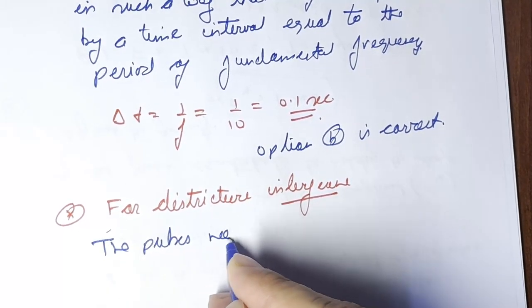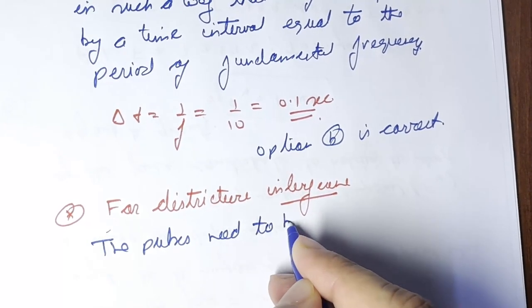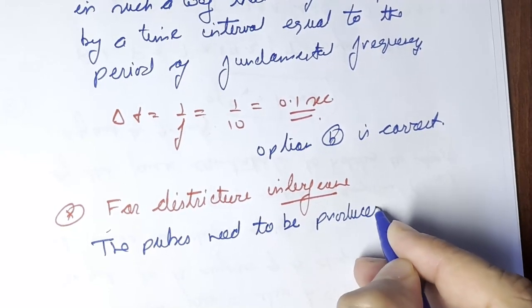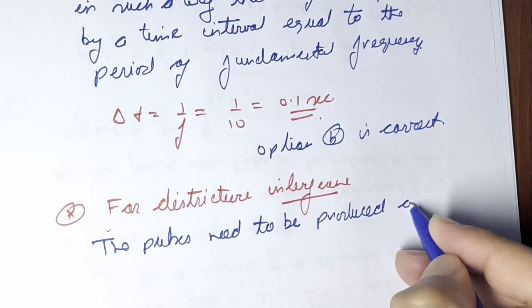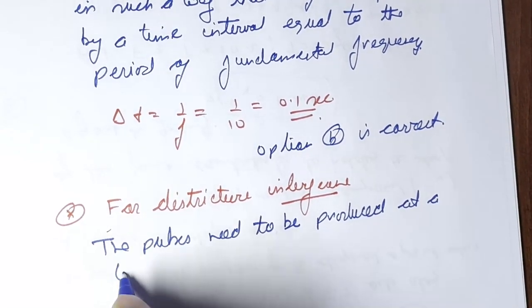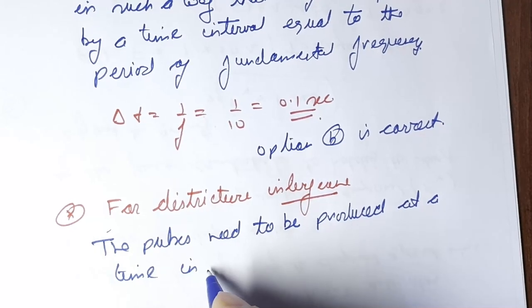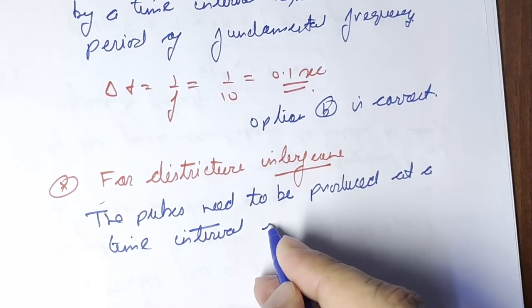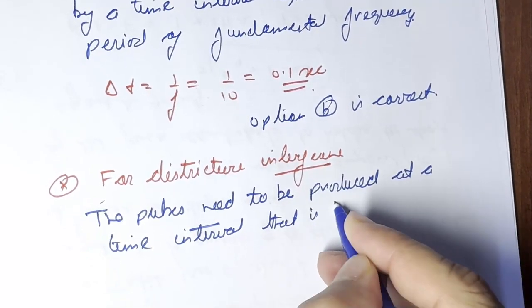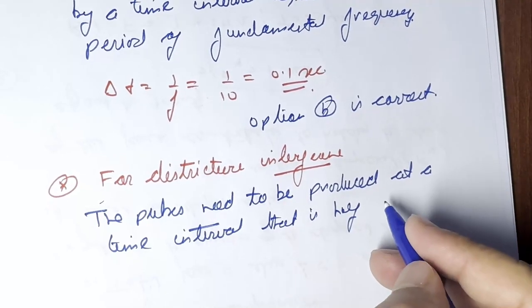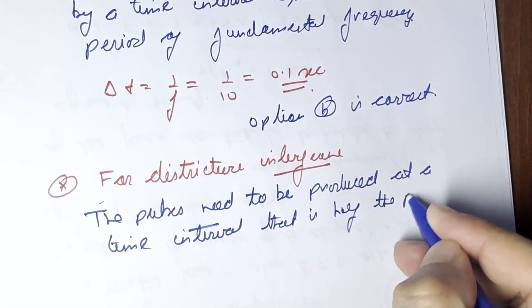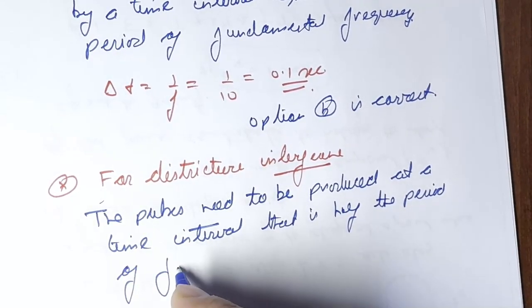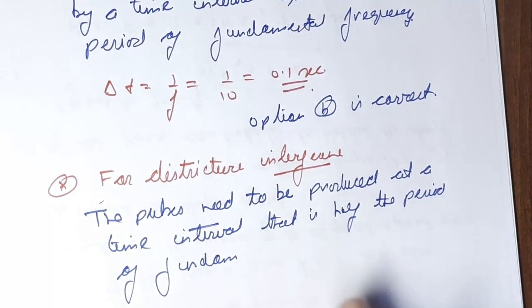The pulses need to be produced at a time interval that is half the period of the fundamental frequency.